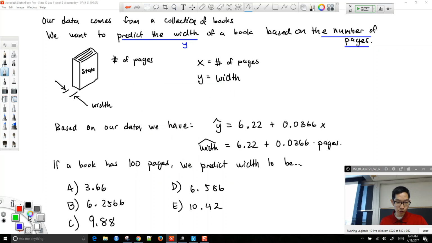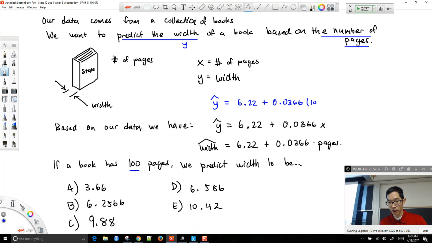So all you have to do, given a regression equation, is plug in the value. In this case, if we have 100 pages, our y hat is going to be 6.22 plus 0.0366 times 100. And when you do this, you get 9.88.